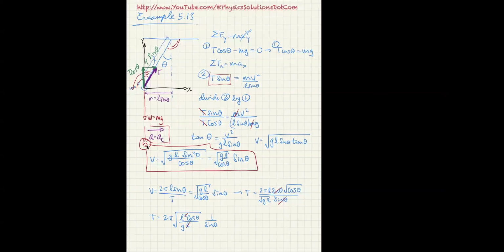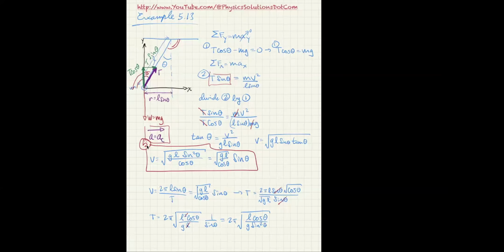So in this case, I get T equals 2 pi times the square root of L cosine theta over g sine squared theta, and I believe that's it.